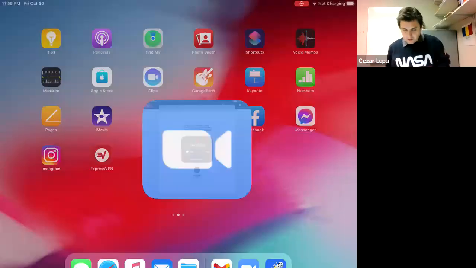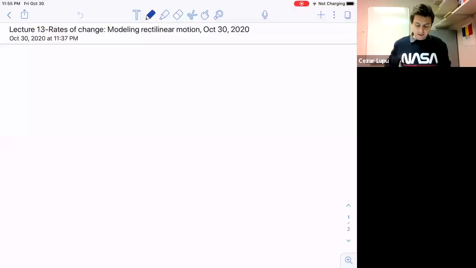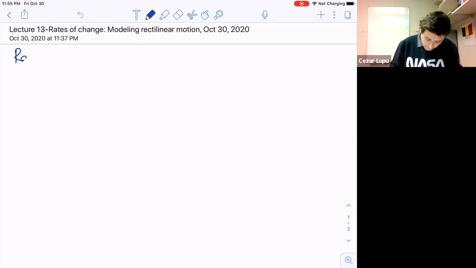So let me start with rates of change, but we'll talk about modeling rectilinear motion, as you can see in the title. So let's write it: rates of change.